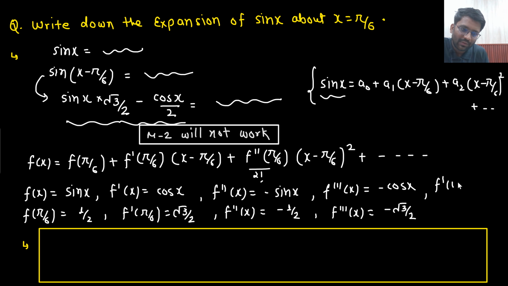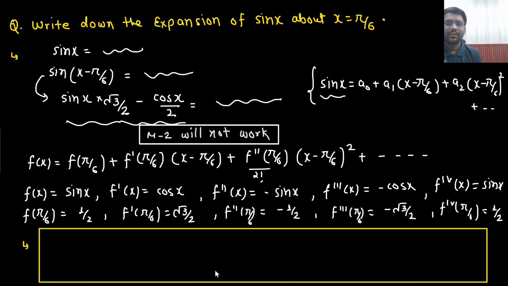Let's do one more. This will give you plus sin x. So what value will this give you? We are putting pi by 6 in place of x.